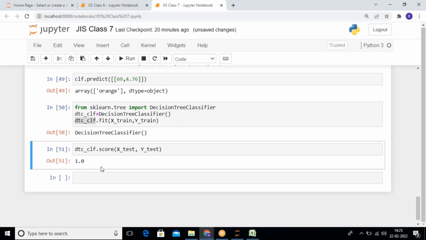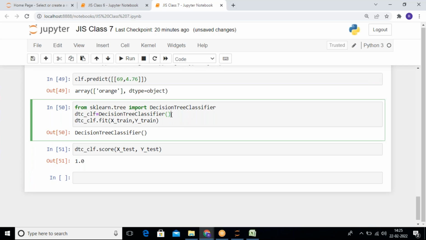The data set is very simple. Getting the point? Is it clear to everybody?